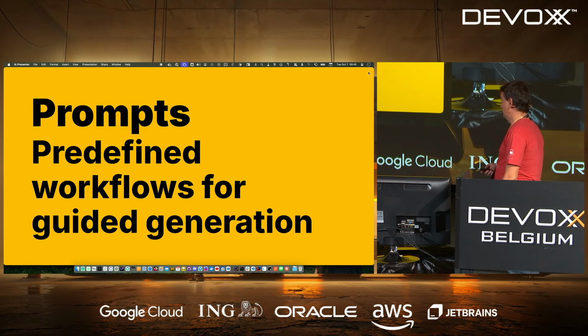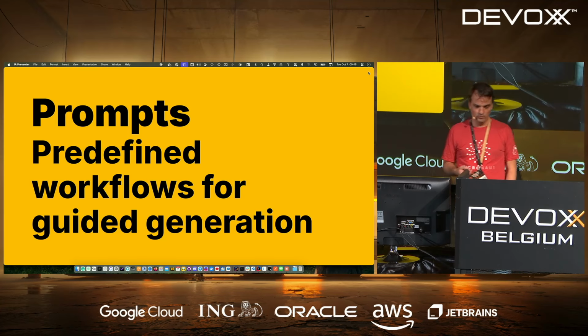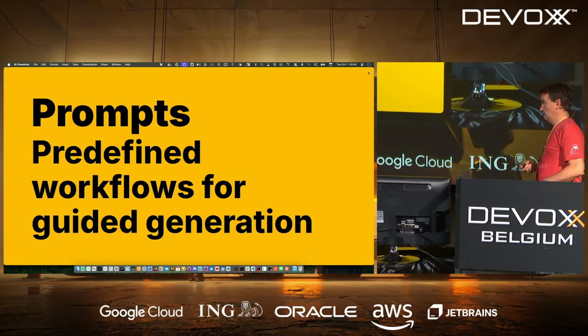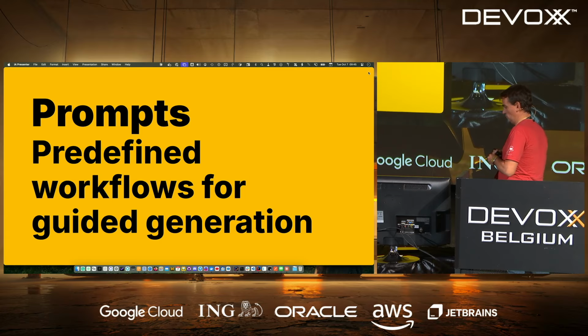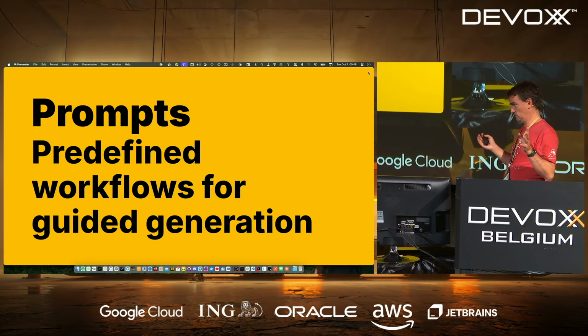Prompts, they define predefined workflows. I'm going to show you how I'm using prompts to essentially improve my day-to-day work. The idea is if you have a prompt that you want to write, I don't know, if you are using a code assistant and you want to say, I want you to test this class, but I want you to test it in this particular manner.